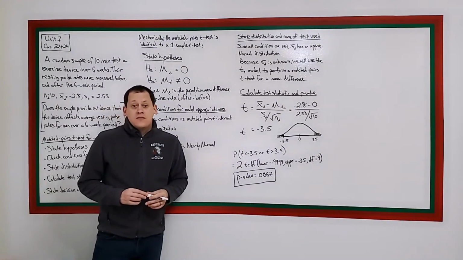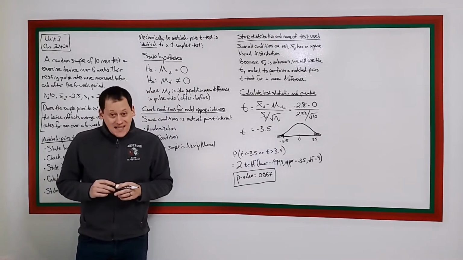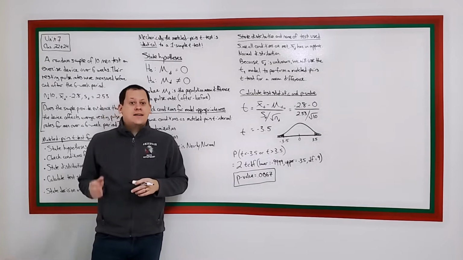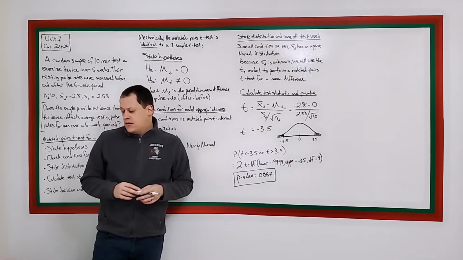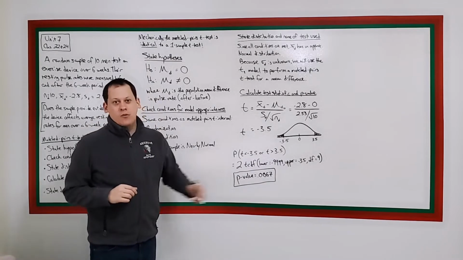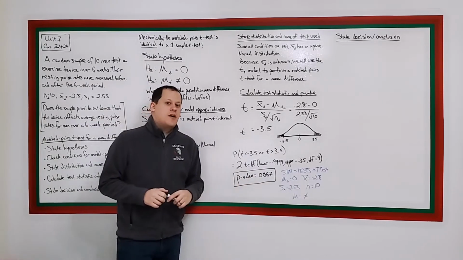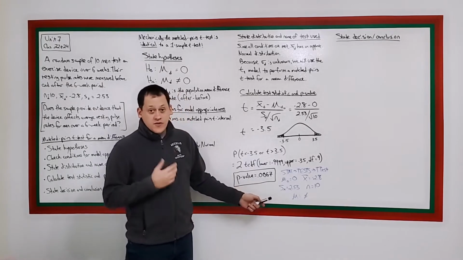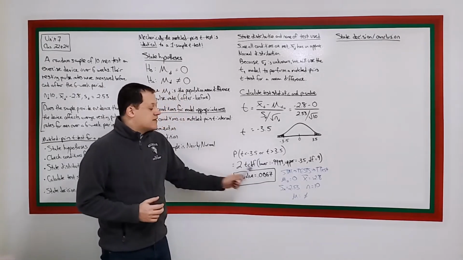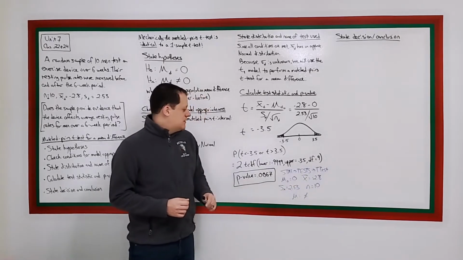If you wanted to check your work there, on your calculator, you could go to t-test, so stat, test, t-test, and you could plug in the numbers for each thing that I will put up here for you. Okay, so here's what you want to put on your calculator. If you want to use that to do the t-test to verify that this is correct, you go stat, test, t-test.